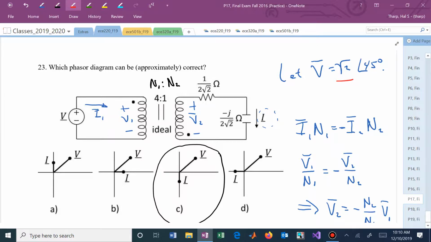You can just say it's some magnitude at an angle of 45, because it's not given, is it? You would just say, okay, V bar is some M at an angle of 45. Then what you would look for in your I formula, you would say, oh, I better be smaller than M. Hopefully I has a magnitude of M over 2 or something, because you're saying which phasor diagram can be approximately correct.